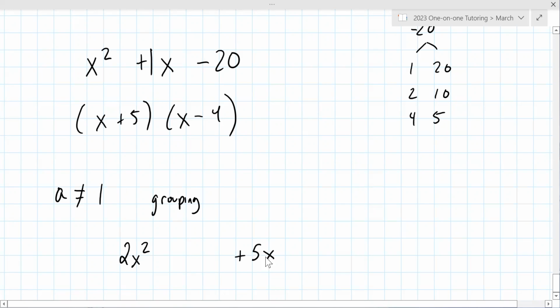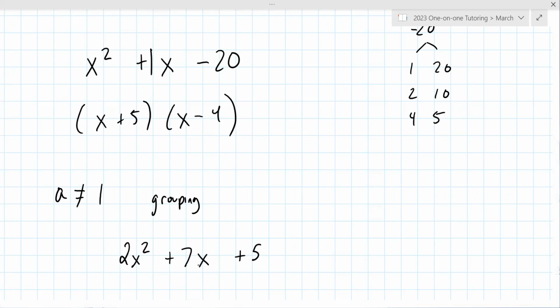I'm sorry, plus 5 down here, and then it would be like plus 7x, something like that. And I don't think we actually did any like this, so I'm not sure if we should do any, because this is kind of the extreme edges of it, but we can talk about it. It's much more difficult though, a little longer to do.